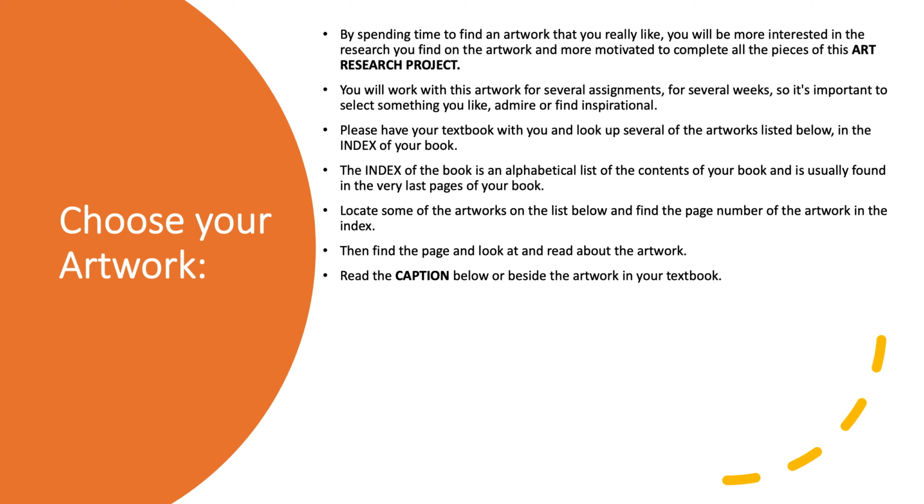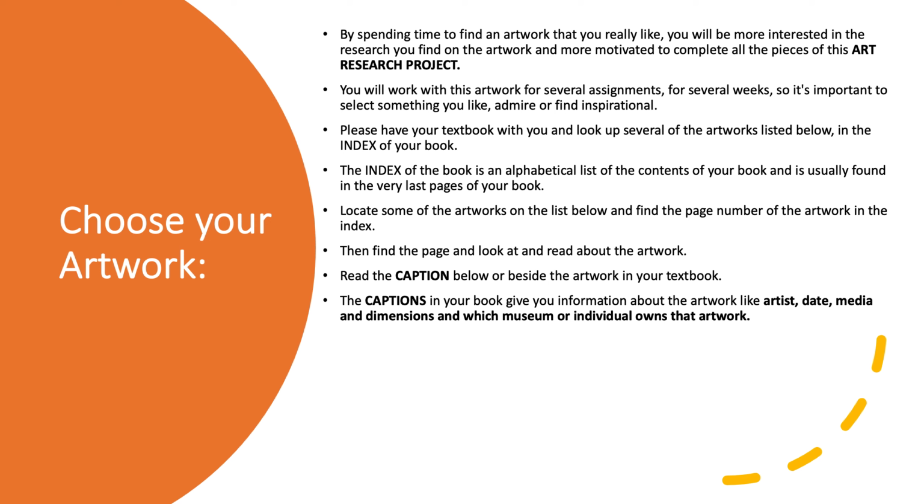Read the caption below or beside the artwork in your textbook. The captions in your book give you information about the artwork, like the artist that made it, the date that it was made, the media, so in other words, what it's made of, the dimensions, in other words, how big it is, and which museum owns that artwork.